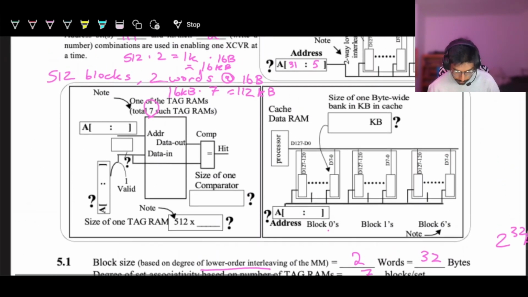Now let's try and fill in some of our tagrams. So if we have 512 blocks, that means we also have 512 sets in our cache. So that means we have 2 to the 9 bits to index these 512 sets. So that means our set field will be actually a 9-bit set.